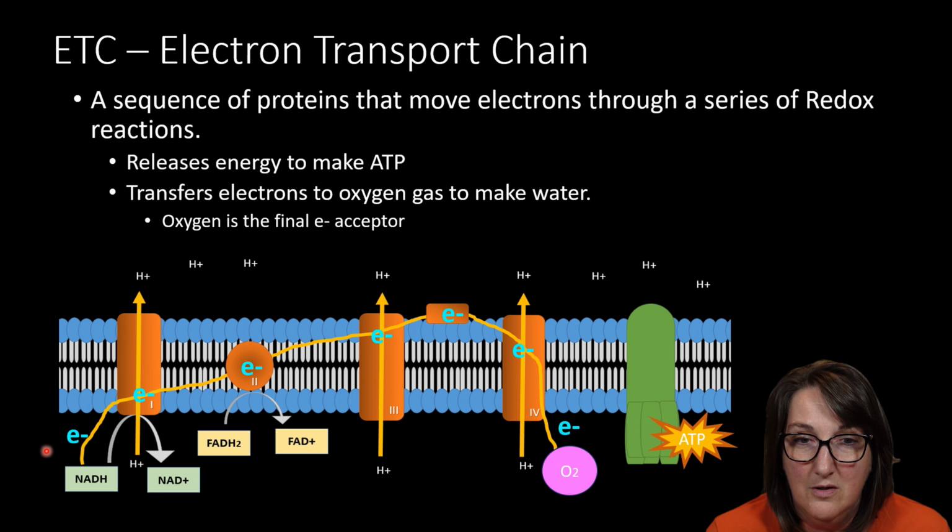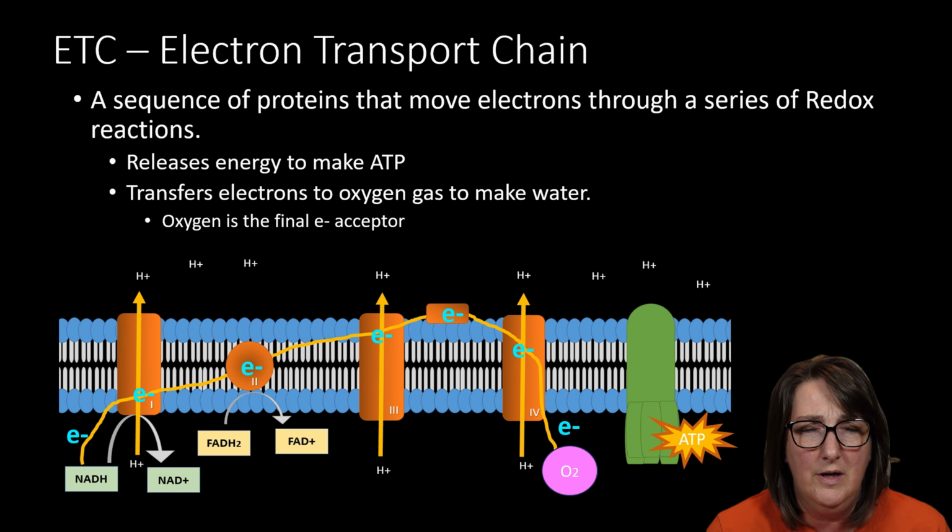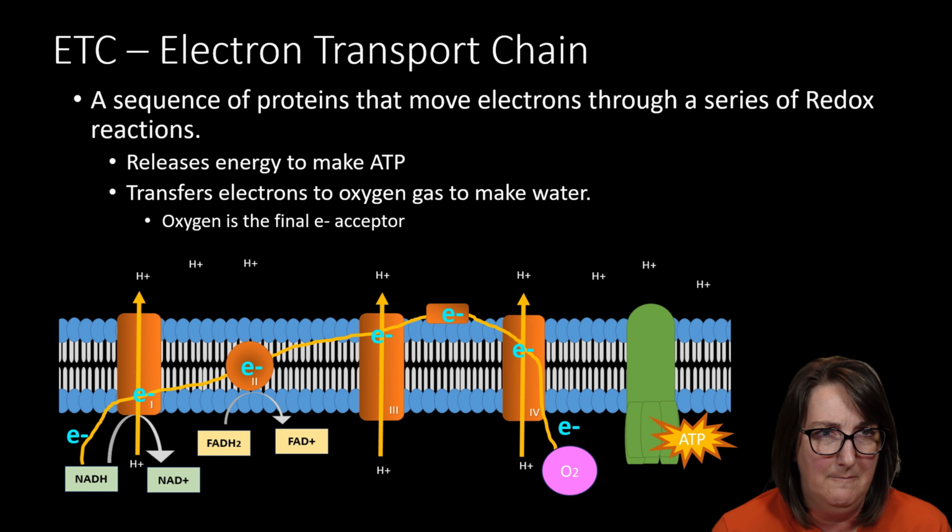So this is super important that this oxygen is here as an electron acceptor. I've got to get this oxygen. This is also why if you don't have enough oxygen, all of a sudden stuff starts shutting down, because this process isn't allowed to work to make ATP. And we're going to get more in depth in this here in a second.